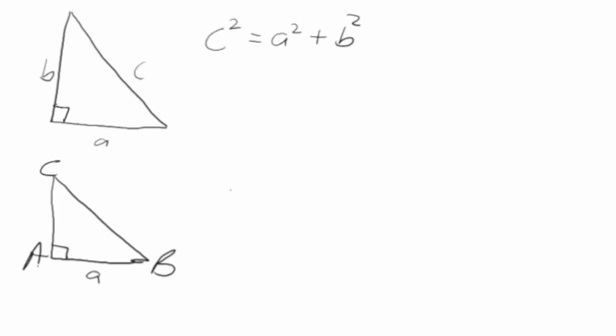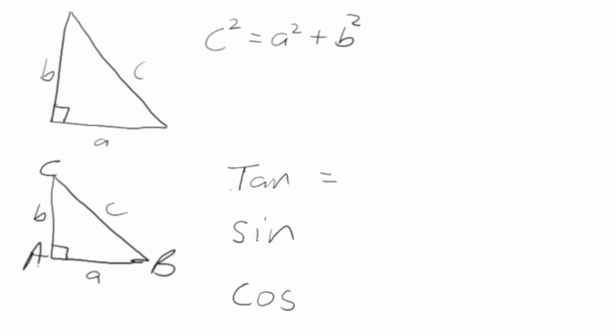Line AB is A, line AC is B, and line BC is C. So we have the trig ratios that we talked of. We have tan, we have sine, and then we have cos.